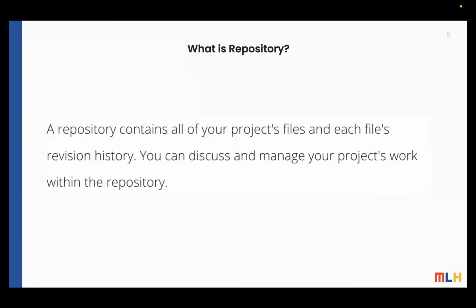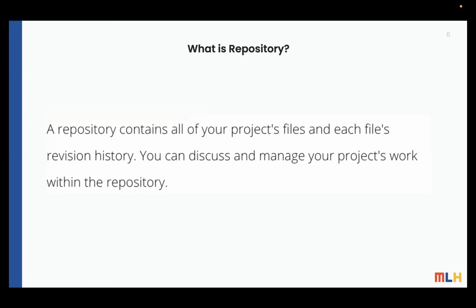Now we'll go into some basic concepts about GitHub and Git. So first one is repository. A repository is like a container where you will be putting all your code of the project and whatever.